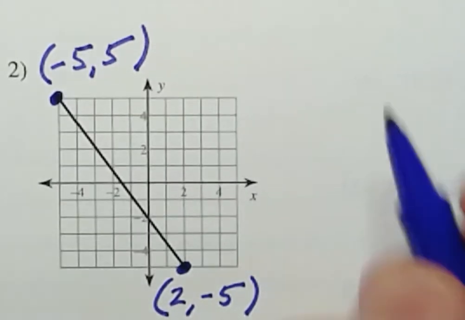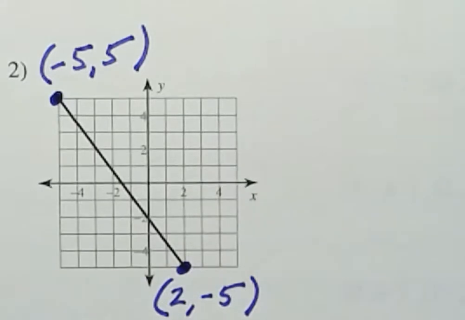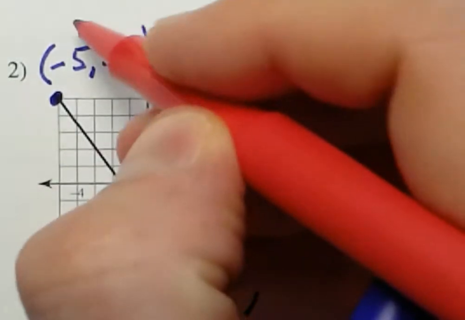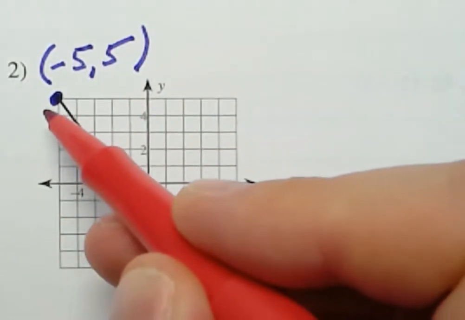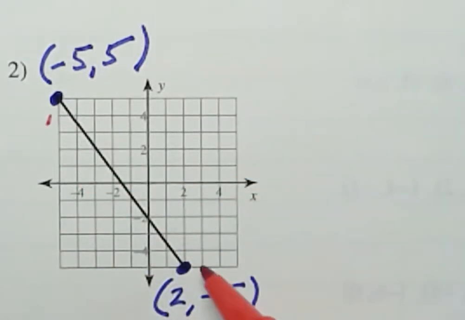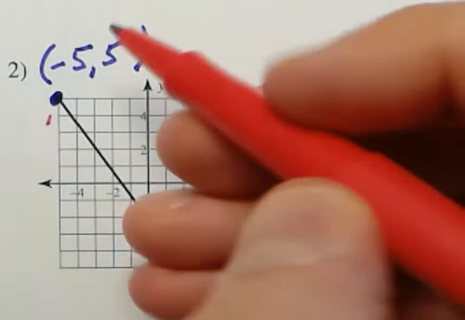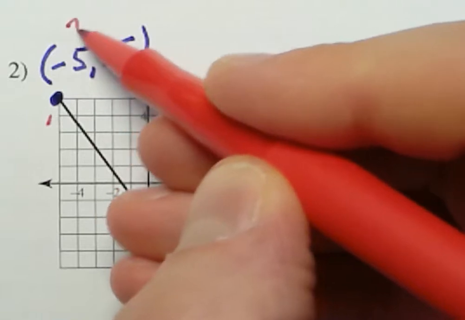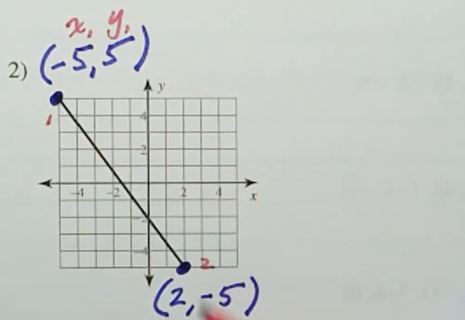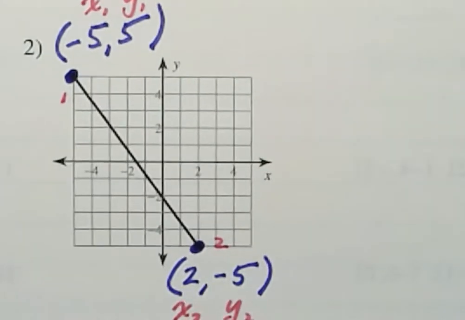And so the average of the x's is simply going to be, and remember, it doesn't matter if you label this as point 1 and this is point 2 or the other way around. So this is going to be (x1, y1), and this is going to be (x2, y2). And the midpoint formula, you see that?